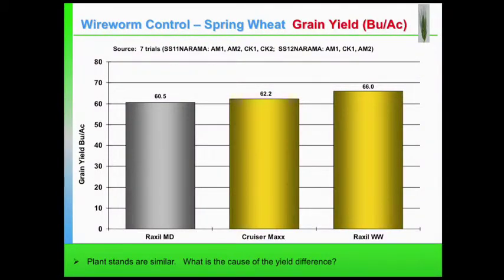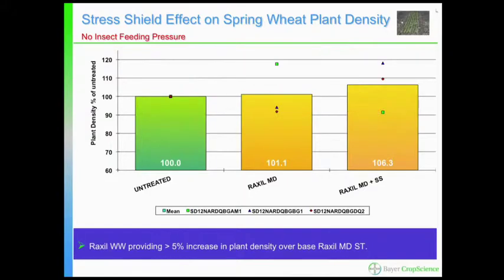So we set out to evaluate these same treatments, looking at situations where there's no insect feeding pressure. And you note the comments in red up at the top, no feeding pressure. So how do you make sure there's no insects? Well, that's in practical terms very difficult under field conditions, but what we do is we select fields where there's no known history of insects.